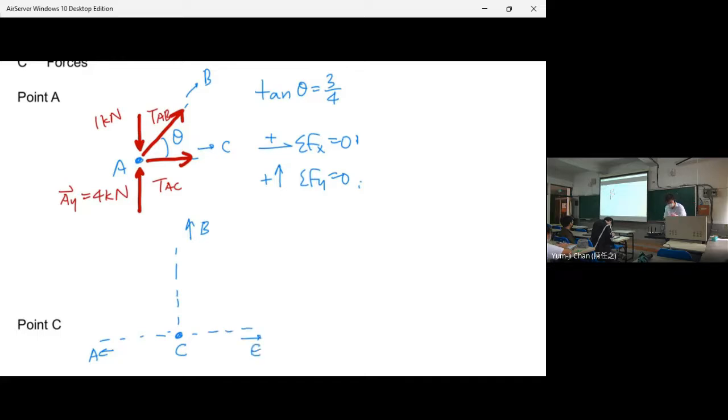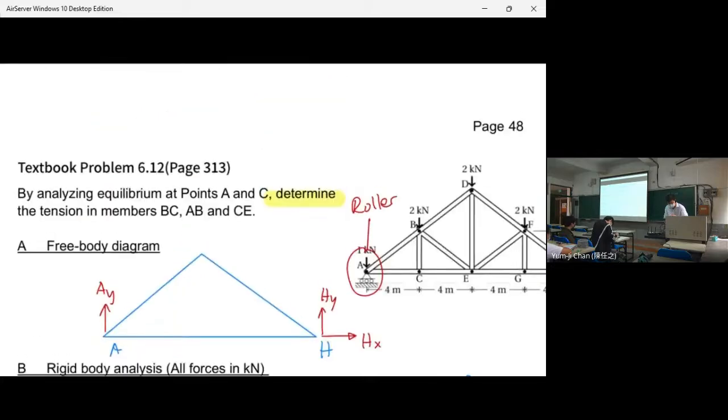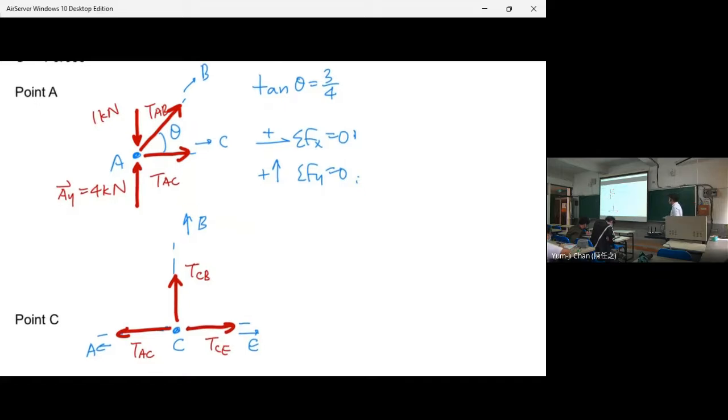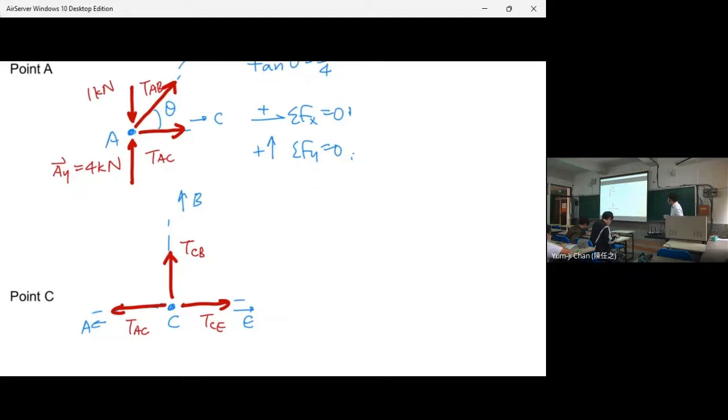So we have TCB, TAC, and TCE here. I think I've drawn all the forces.